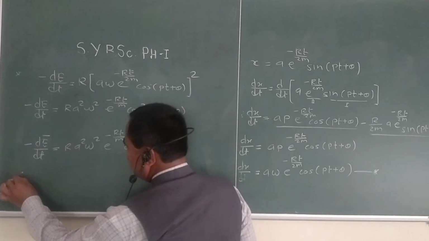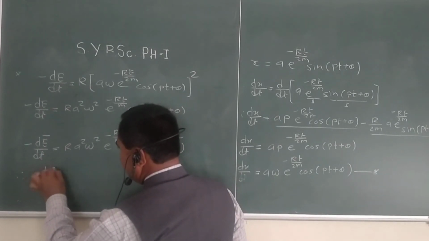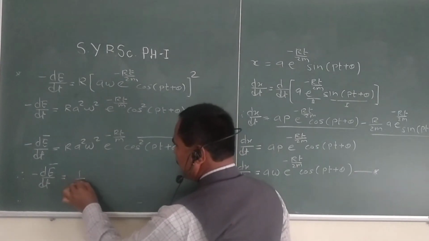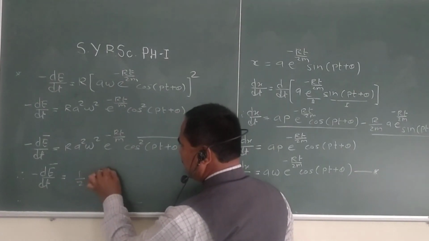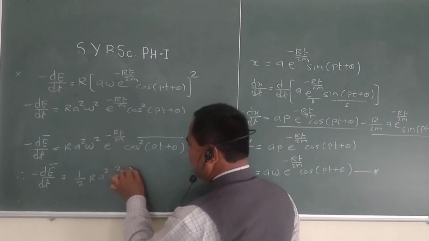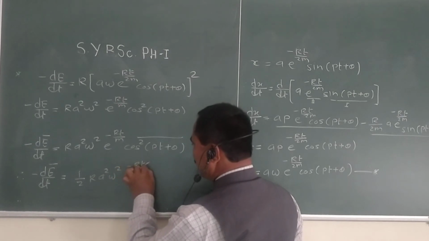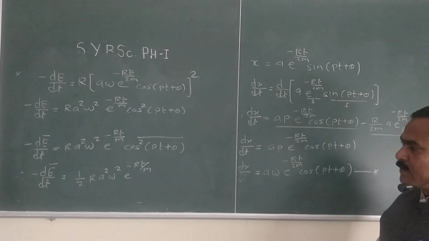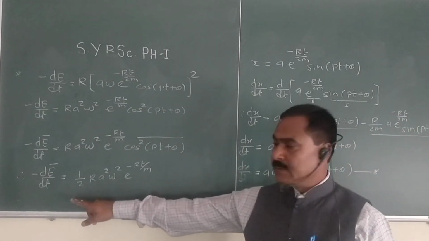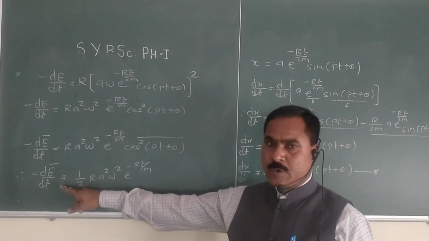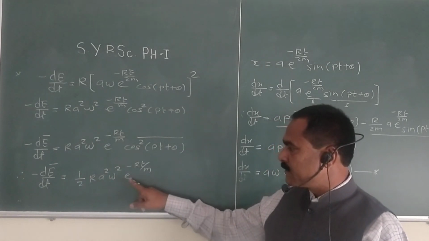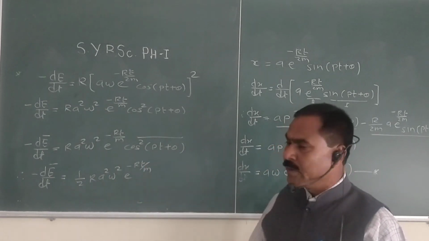Then minus dE by dt average equals half r a square omega square e raised to minus rt upon m. That is the average rate of dissipation of energy.